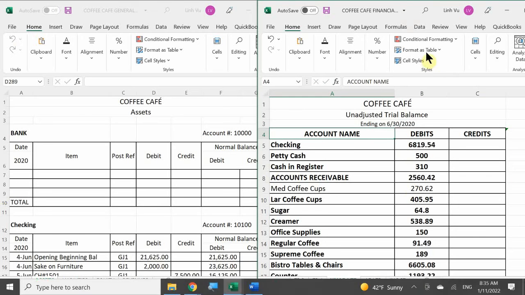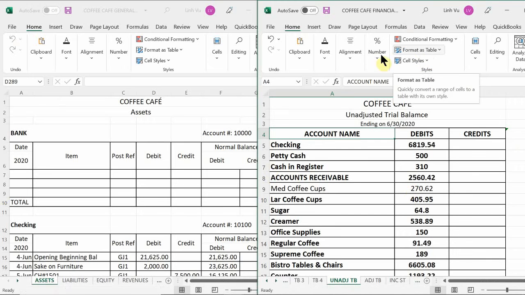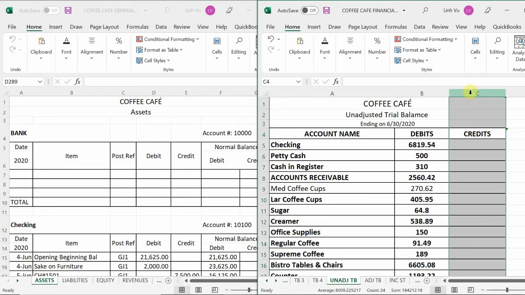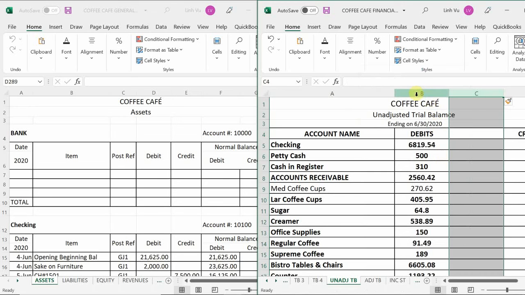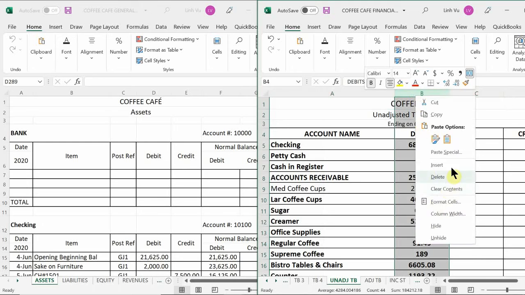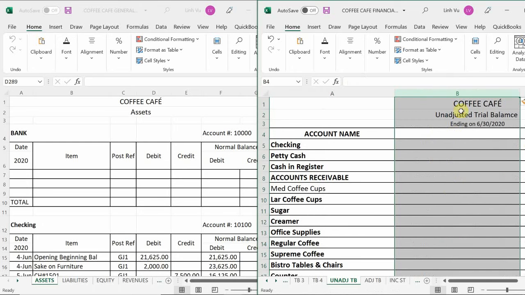Now, as I've also mentioned, I want to create columns in between. So I would click on C, and I want to insert a column here. I'm going to click on B and also insert a column here. Okay.